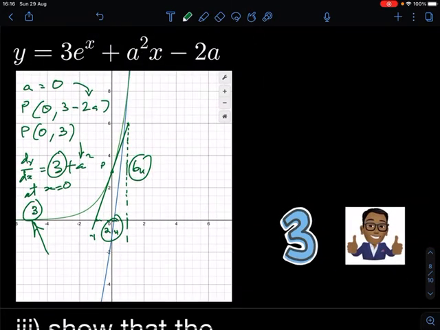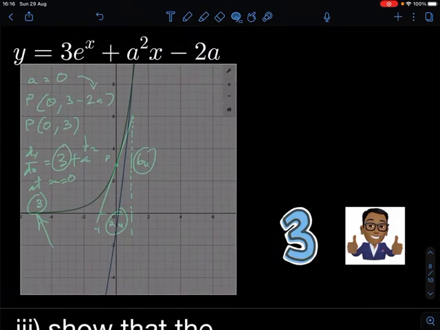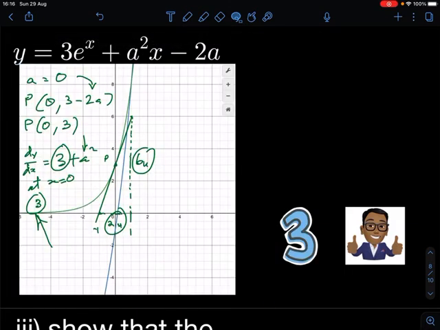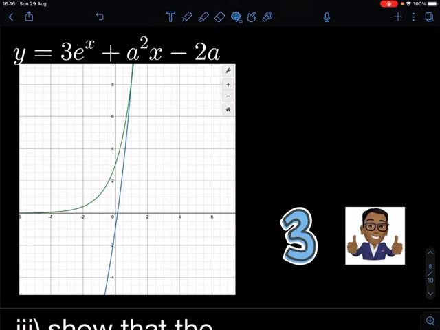Let's try the blue one, just for fun. I just want to show you what happens when a equals positive 2, for the blue line.